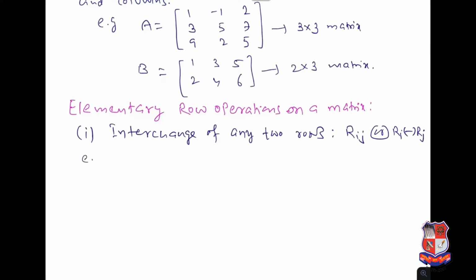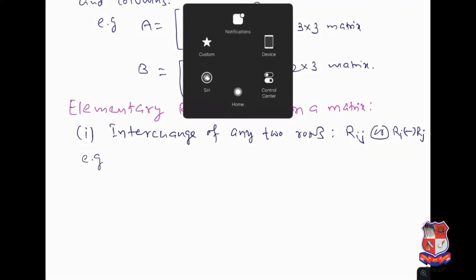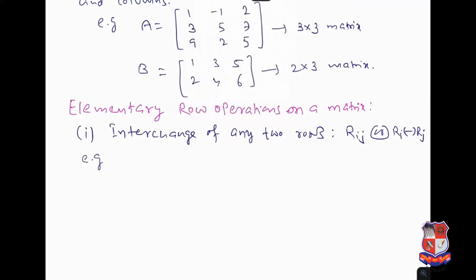Say in the above matrix A, here if I interchange the 2 rows like say R1 and R2. So if we apply in A R1 to R2, then the matrix looks like this.